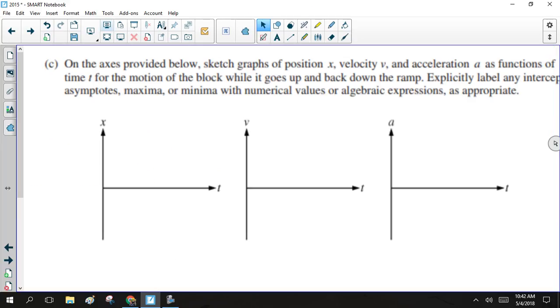At time 0, my position is D. The minimum position achieved, we just found, is x min. So your graph should look like this. Should it not touch the x-axis? That's correct, because it never gets to a position of 0. It says it doesn't reach the sensor, so it never gets to 0.